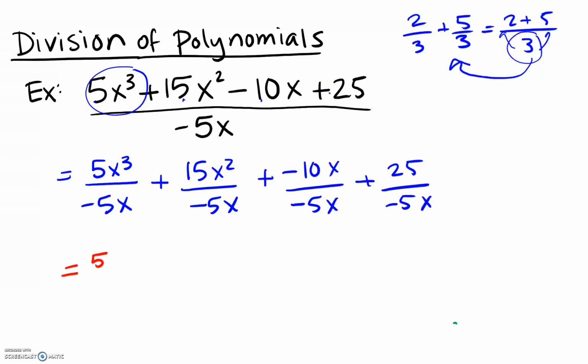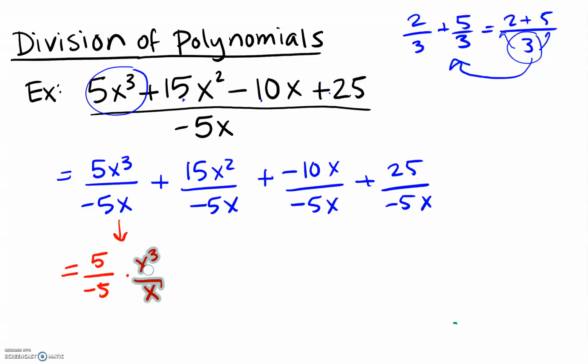So the numbers, well, we can sort of think of this first term as 5 divided by -5 times x to the third divided by x. Because if we were doing this multiplication, we'd just multiply the numerators and multiply the denominators. So this is what we're going to do mentally in our head each time. And if we're doing this division where we have two things, same base raised to different powers, we're just going to end up subtracting those powers.